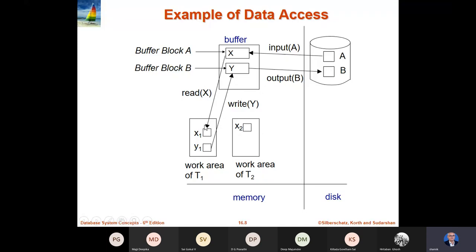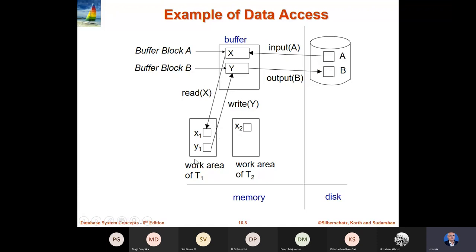If not, if X is in some disk block and that block is not in the buffer, then an input of that disk block will have to be done, and only then will T1 be able to read it, because T1 cannot directly read from the disk. So data will come from the disk to the buffer block, and from there to the work area of T1.